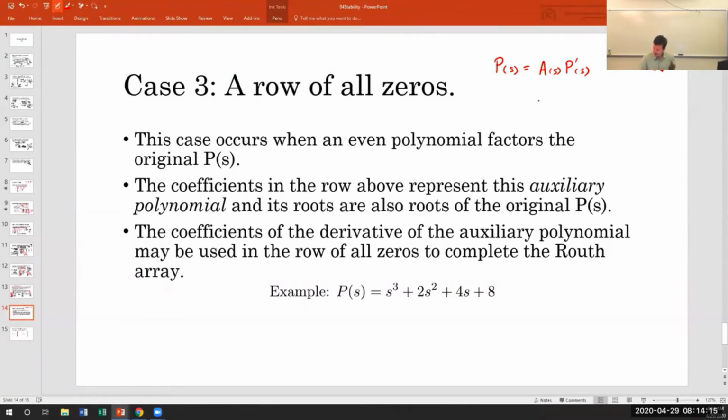And another fact that I'd like you to know is that if a polynomial is even, so if a of s is an even polynomial, well, a couple of statements are equivalent. That is, a only has even powers of s.